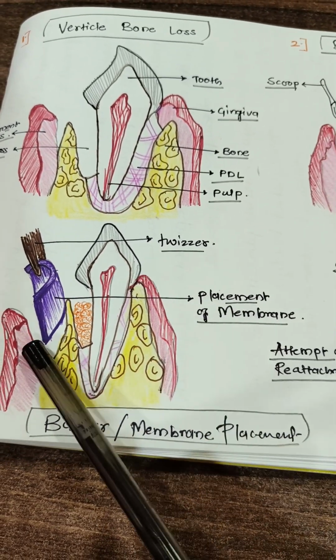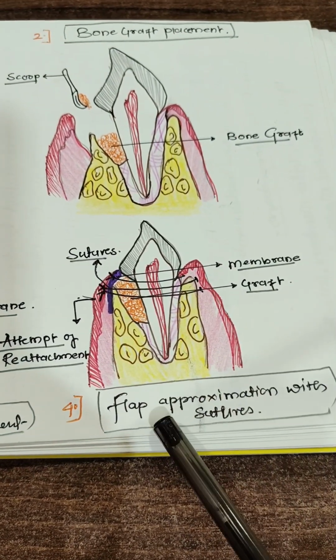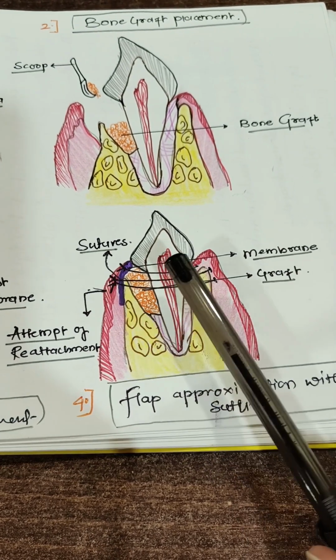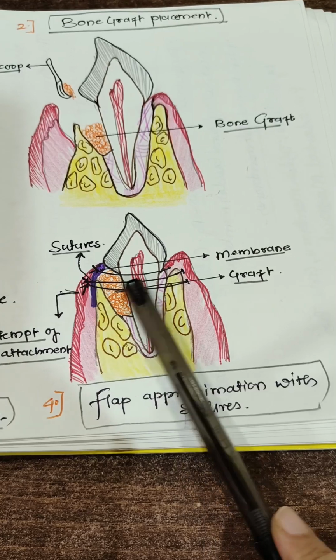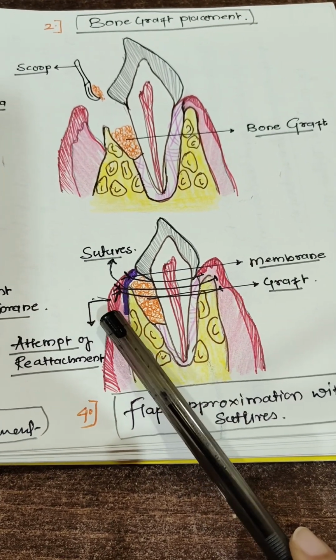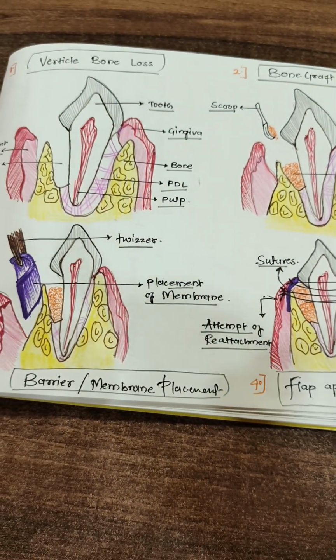Now see, placement of the membrane in between the gum and the bone. And over here, the last step is flap approximation with the sutures. Now see, that membrane is placed, the graft is placed, and then it is sutured, and there is flap approximation along with the sutures. See, an attempt at reattachment is also seen over here. So this is the technique of GTR.